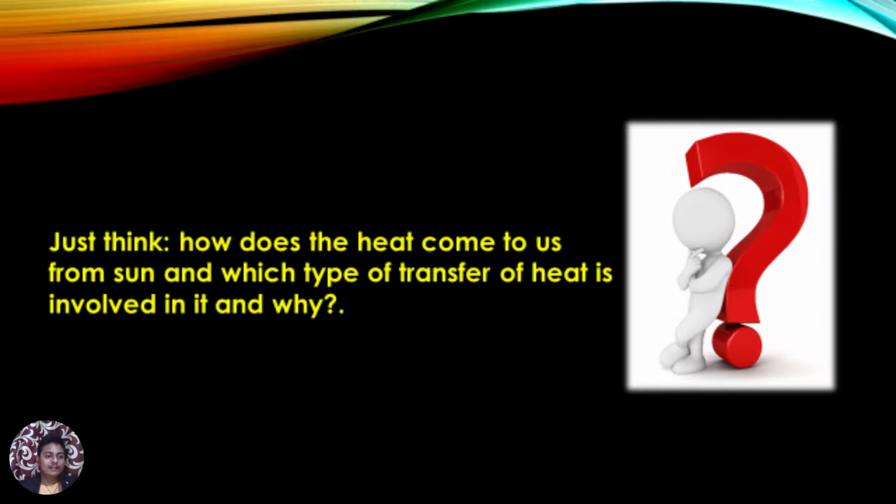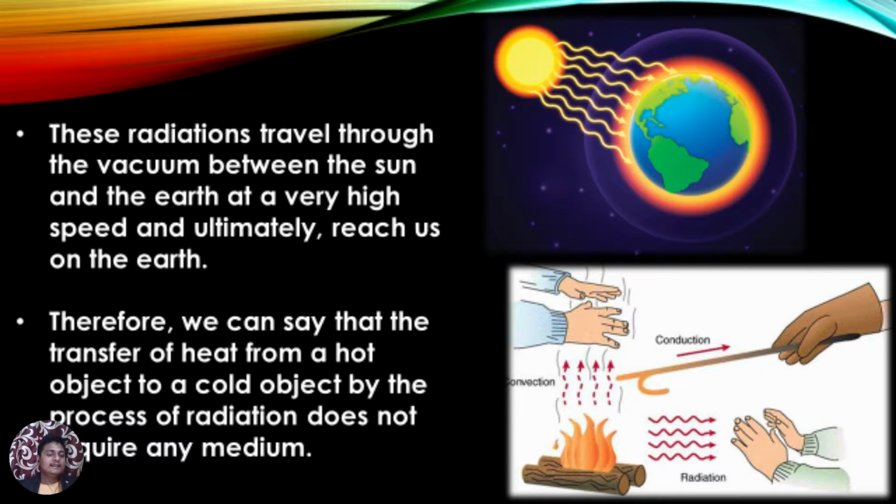Okay, now let's go to the explanation part, why it is happening. The sun's radiation travels through the vacuum between the sun and the earth at a very high speed, and ultimately it reaches the earth.